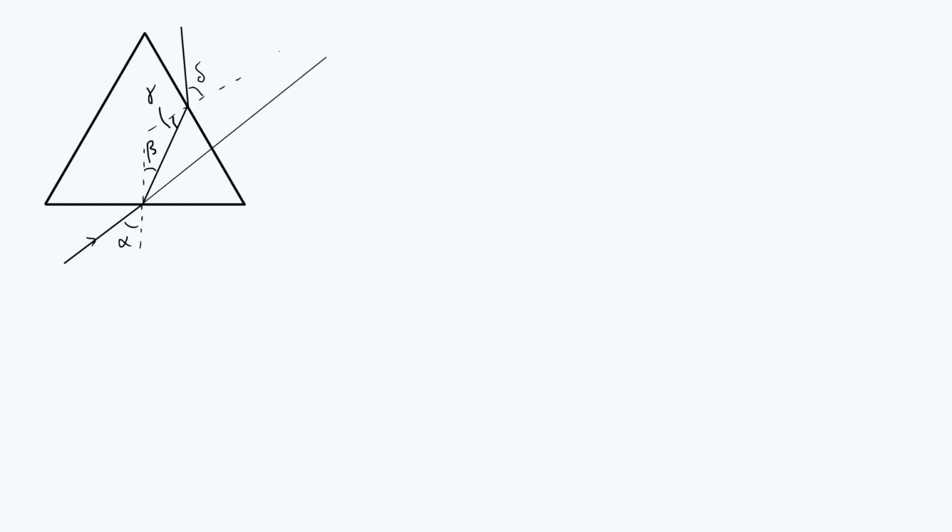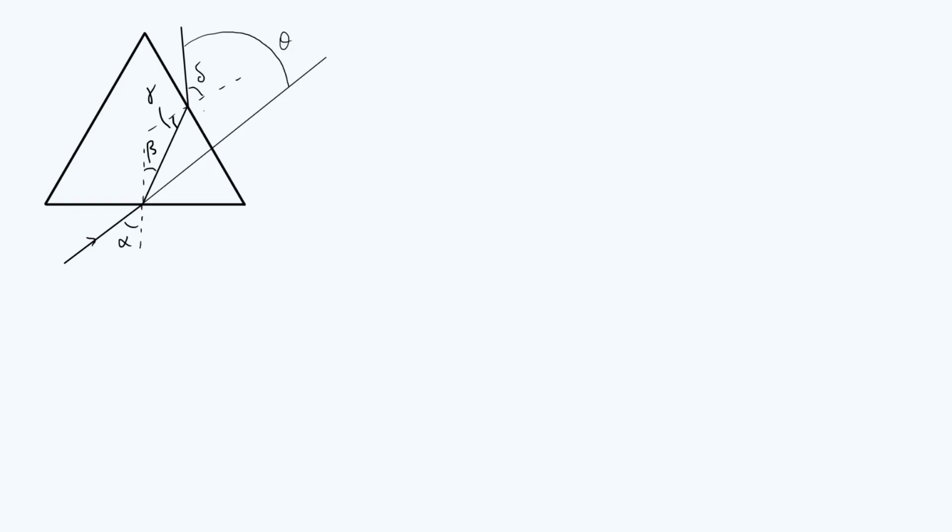And we can define an angle all the way from the outgoing path to the incoming path. And let's call that theta. And that's going to be the overall angle of deflection, right? So if we knew what theta was, we wouldn't have to understand the details of what's going on inside the prism.